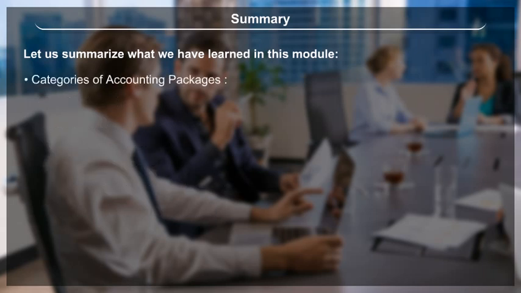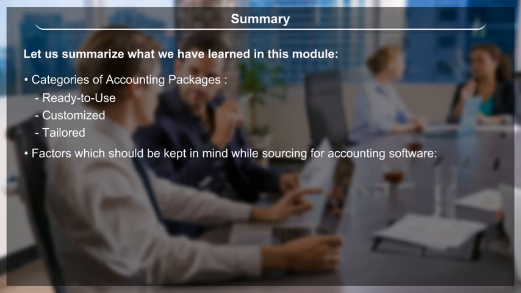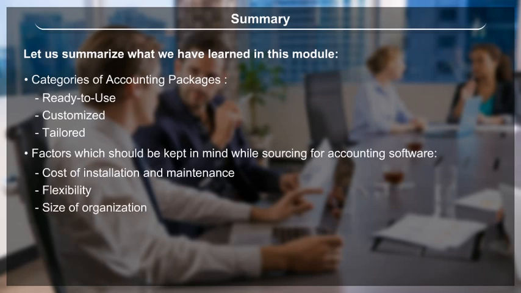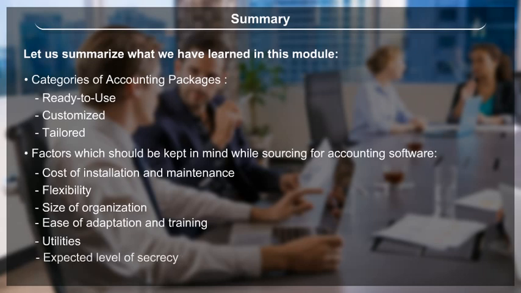Categories of accounting packages: ready to use, customized, tailored. Factors which should be kept in mind while sourcing accounting software: cost of installation and maintenance, flexibility, size of organization, ease of adaptation and training, utilities, expected level of secrecy, exporting and importing of data.